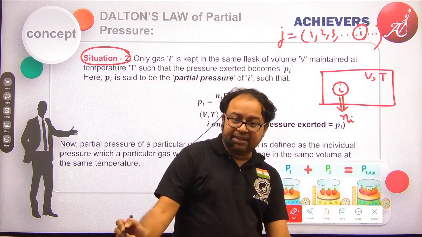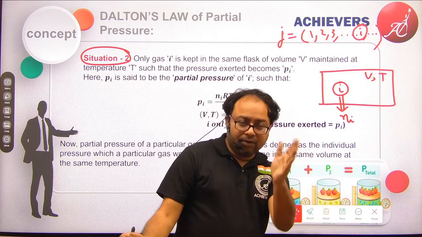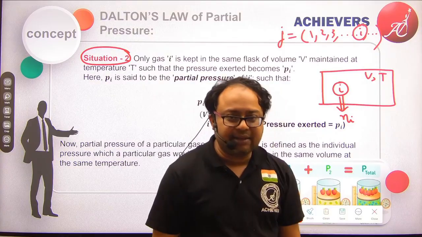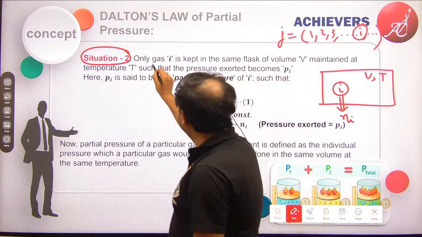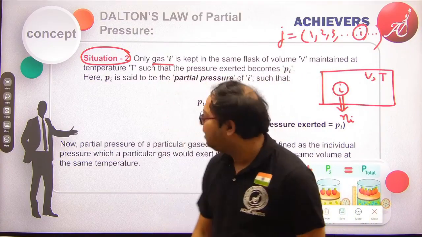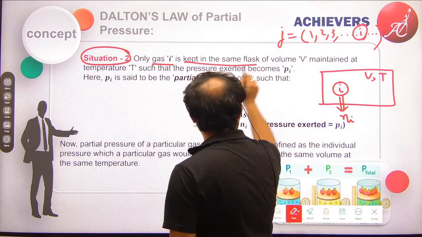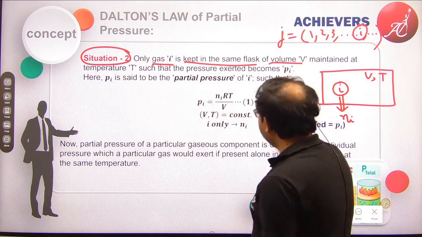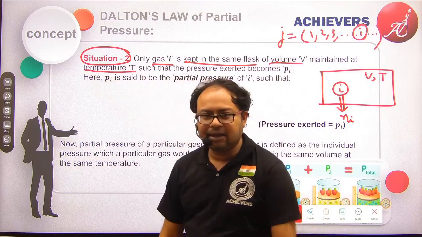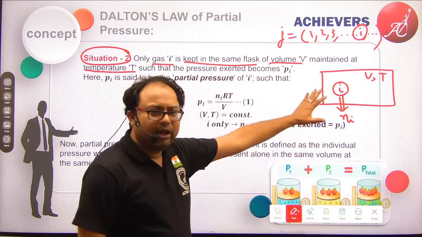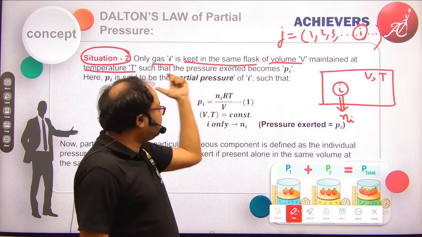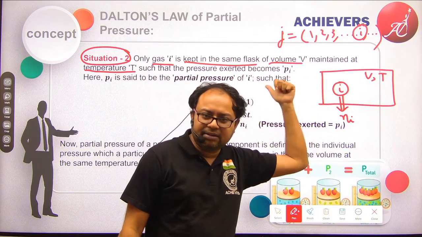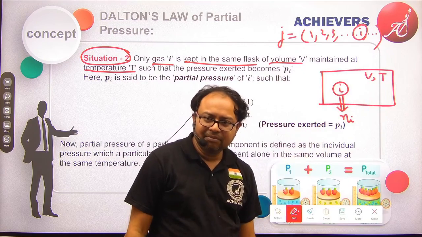We have taken a single gas into the flask. And the flask is the same, whose volume is V, and here also we are keeping the temperature constant. So only gas I is taken. It's kept in the same flask whose volume is V, and you have also kept the same temperature. So you can relate this situation with this diagram.